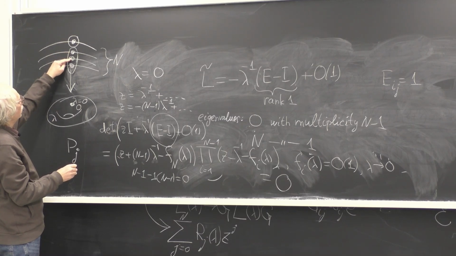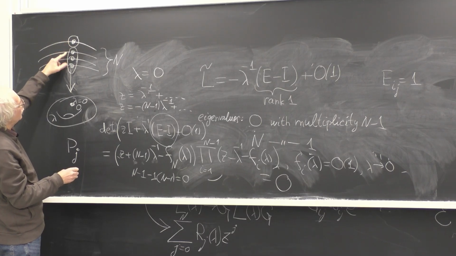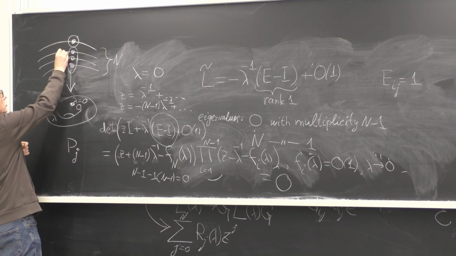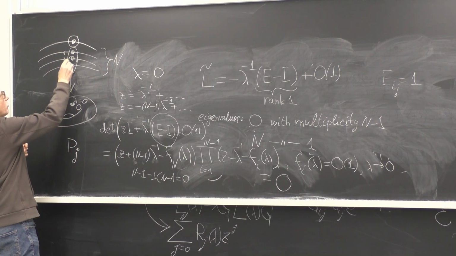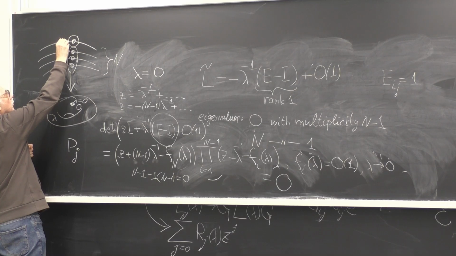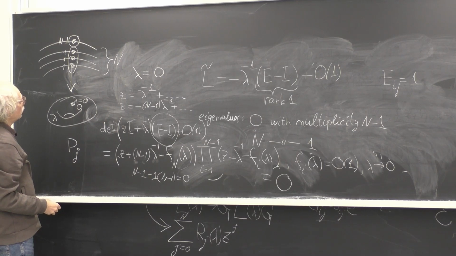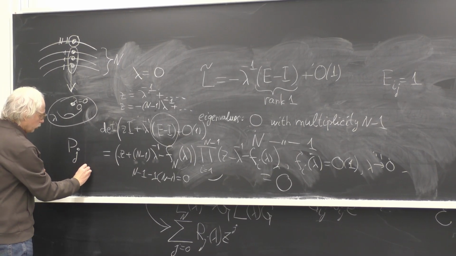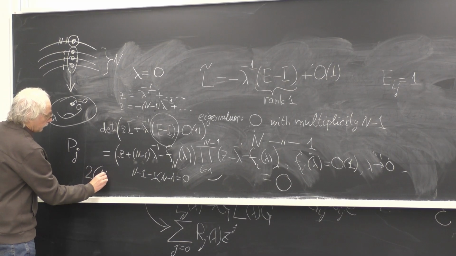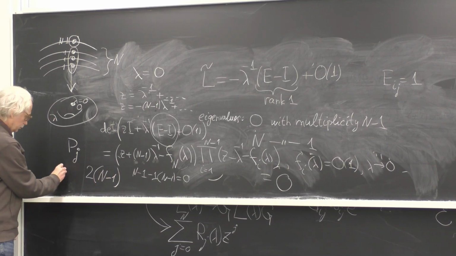And in all sheets except the upper one, the multiplicity of solution is 1. But on the upper sheet, you have a pole of degree n minus 1. So overall, you have 2 times n minus 1 poles.